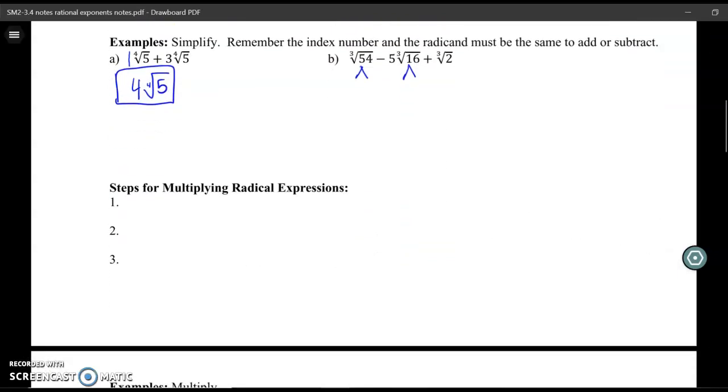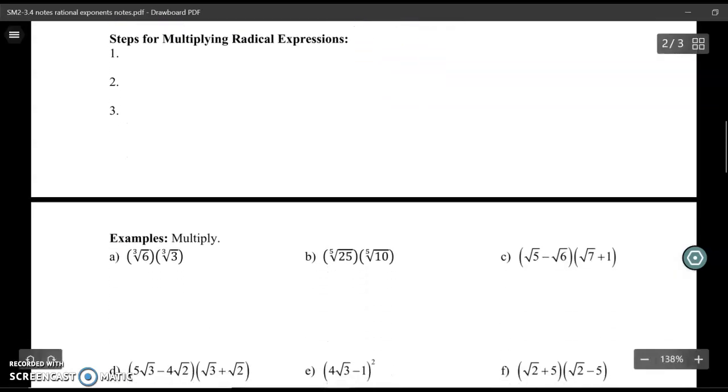Okay, now we're going to jump into multiplying radicals and radical expressions. So our steps here are, number one, we have to distribute appropriately. And we'll see some examples of that. But distributing just means that we have to multiply everything together that needs to be multiplied together.